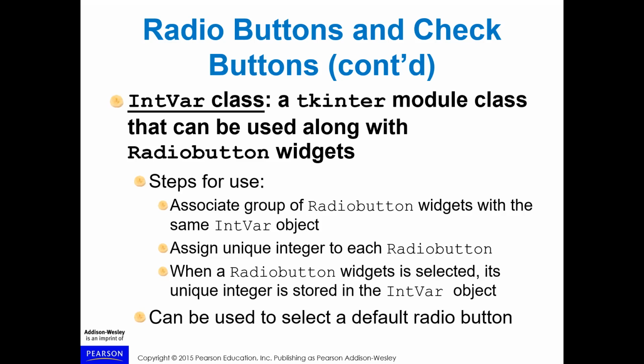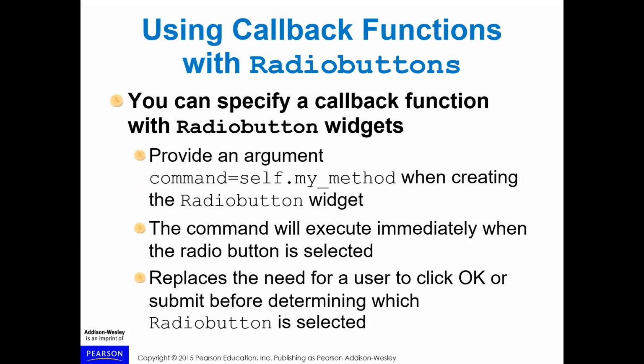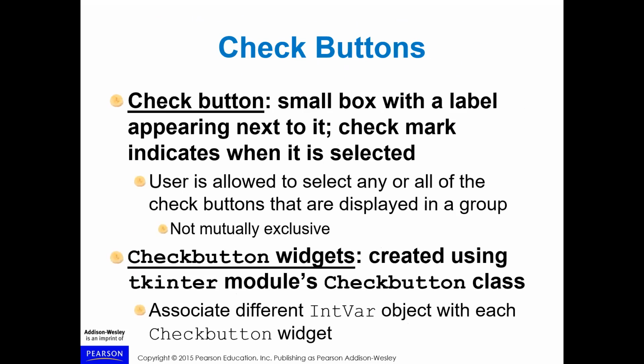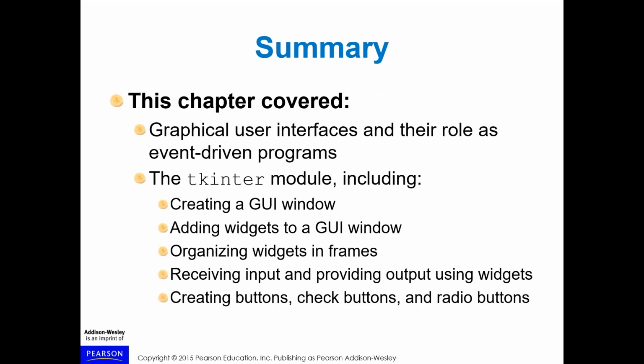It assigns a unique integer to each radio button. When a radio button widget is selected, its unique integer is stored in the IntVar object. I talked about callback functions already, so that and checkboxes basically. This is just going into more details about it, and that's it.